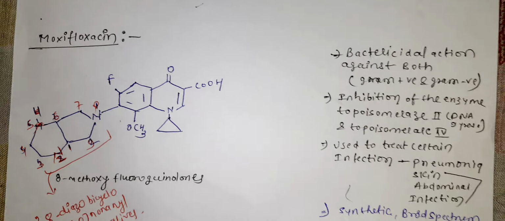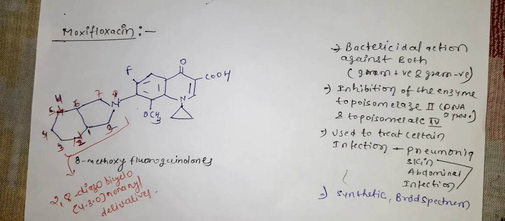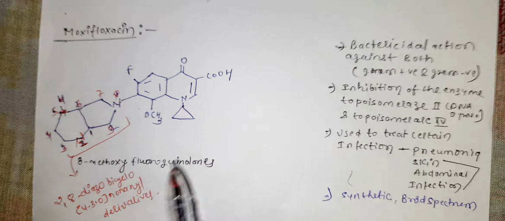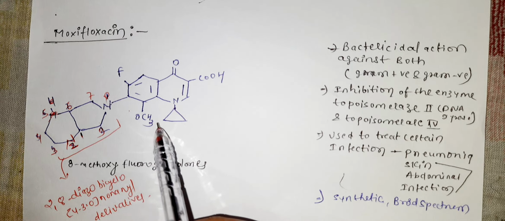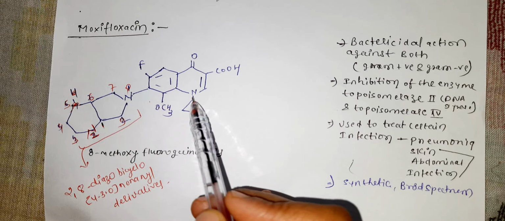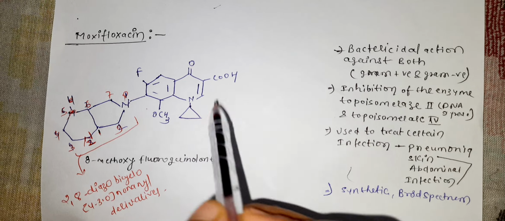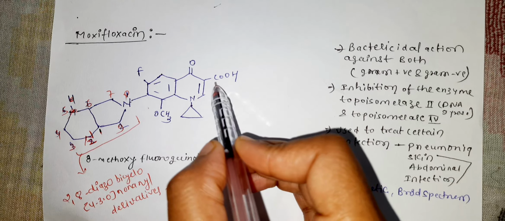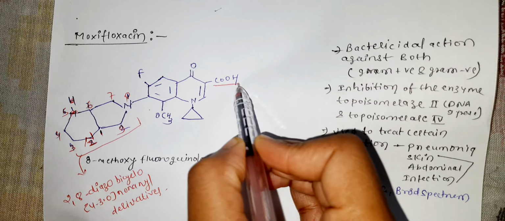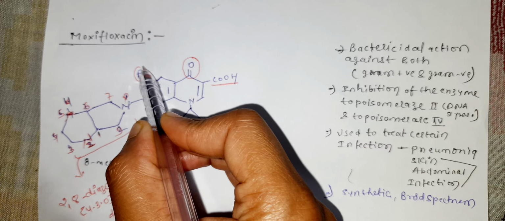Now move to the last drug of the quinolone derivatives, moxifloxacin. So this is also a fluoroquinolone derivative, and the first position is substituted by cyclopropyl. The third position, similarly, is substituted by a carboxylic group. The fourth position is an oxo group. The sixth position has fluorine.